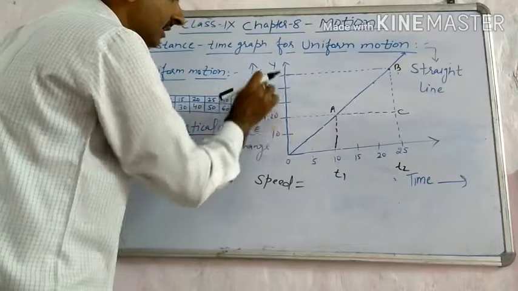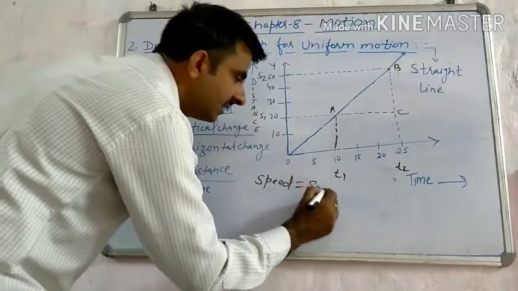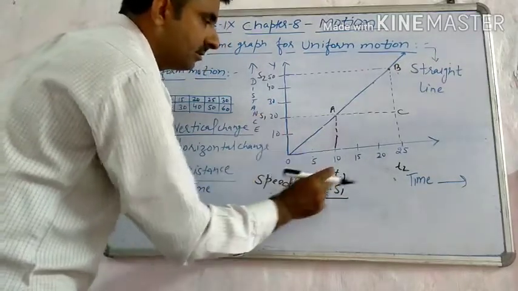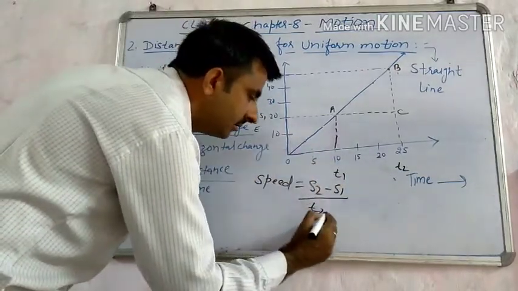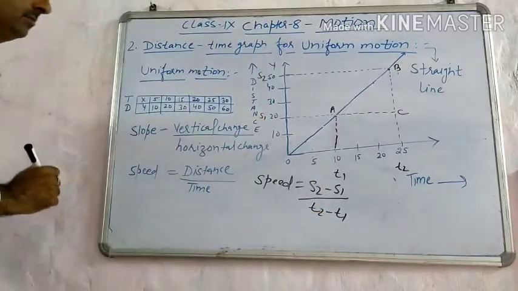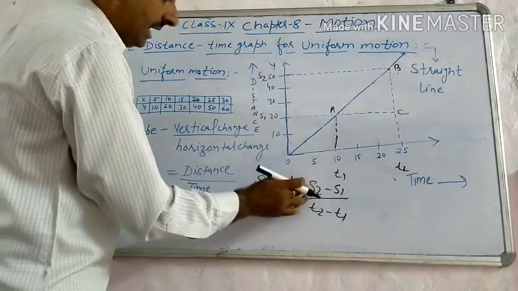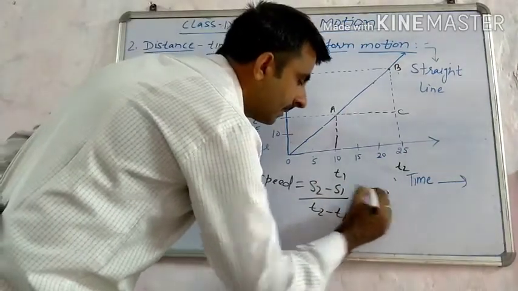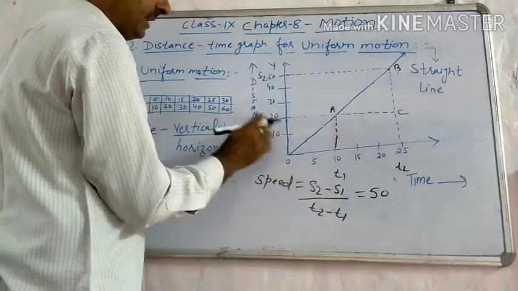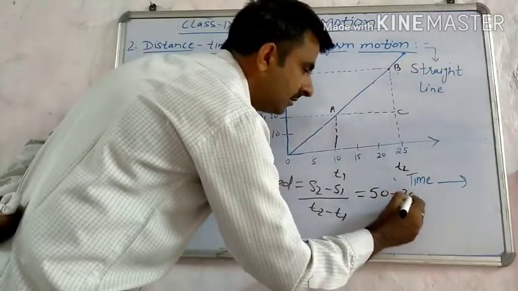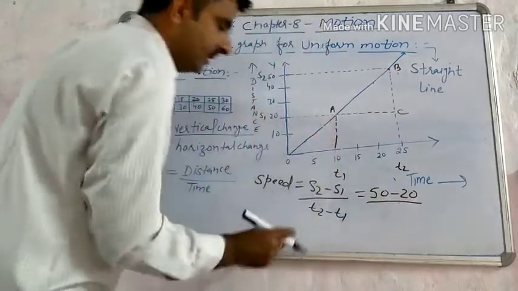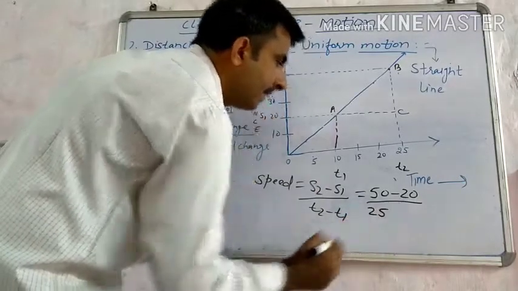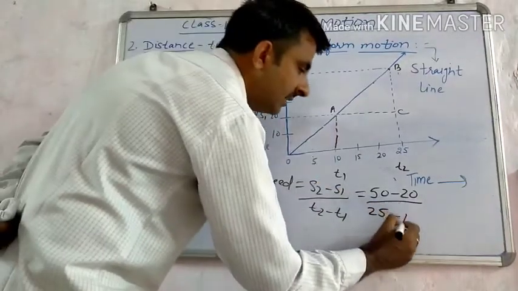Distance is S2 minus S1 and time is T2 minus T1. Putting the values, S2 is 50 minus S1, S1 is 20, divided by T2, that is 25, minus 10.